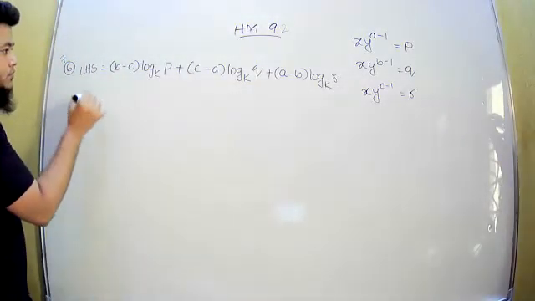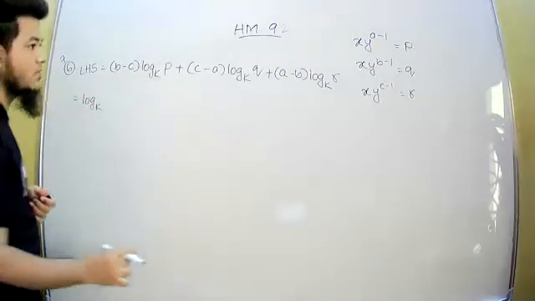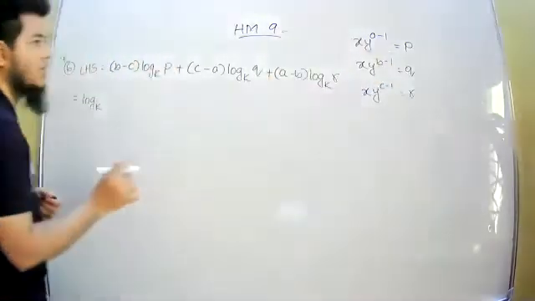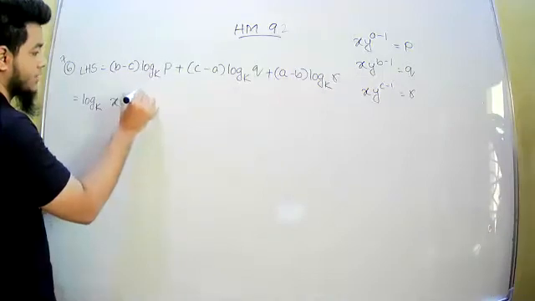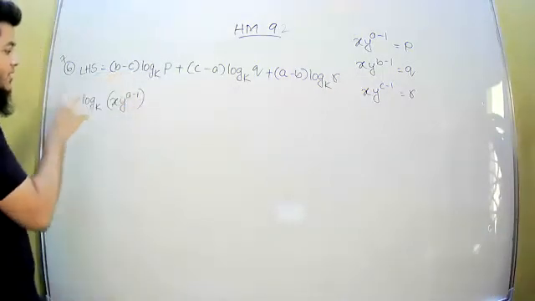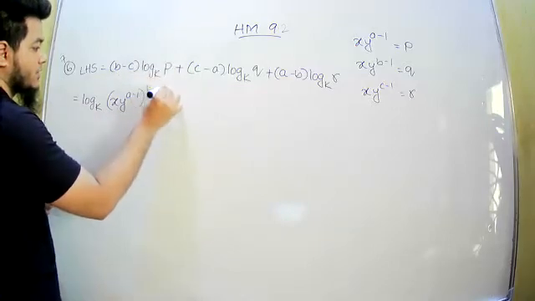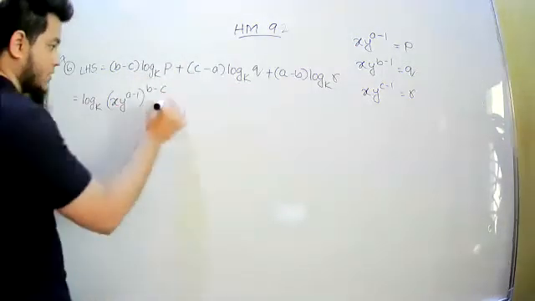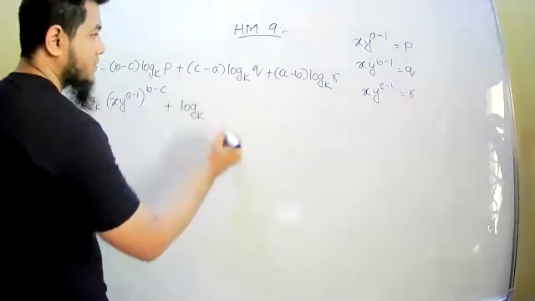So here what we will do, log a base p. What is the value of p? We will put it xy to the power a minus 1, xy to the power a minus 1 whole to the power this b minus c. If it is here, it can be written as power. So I will write it as power b minus c. Then plus, again we will repeat the similar process for this also.